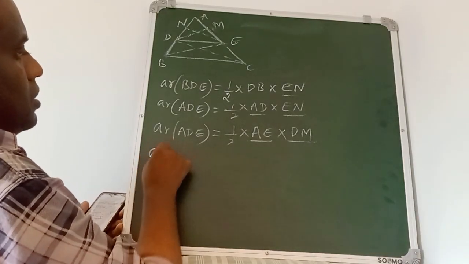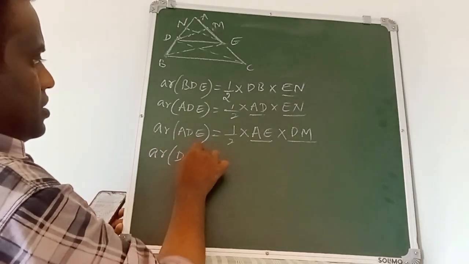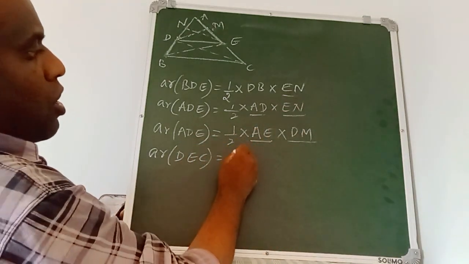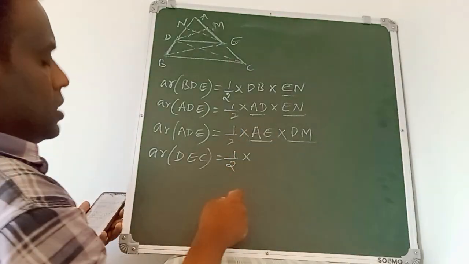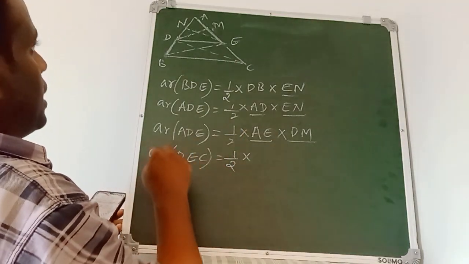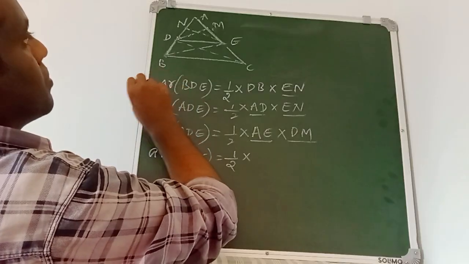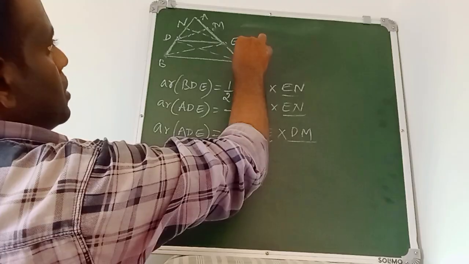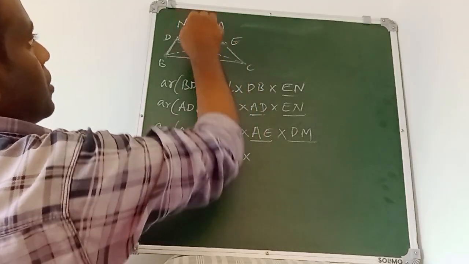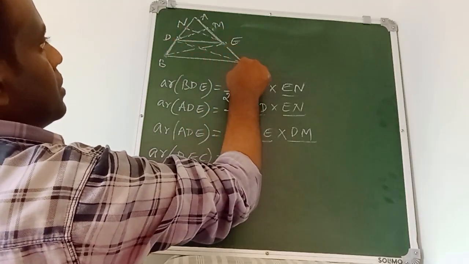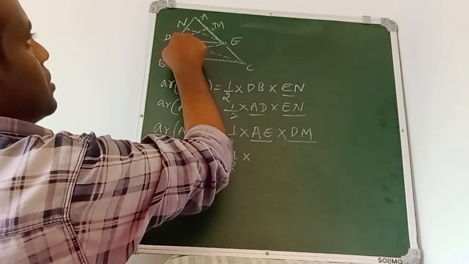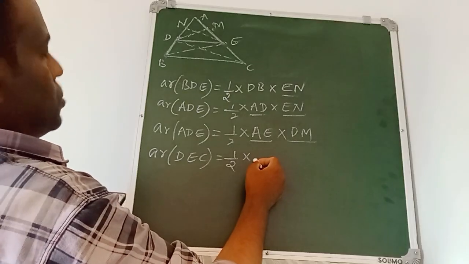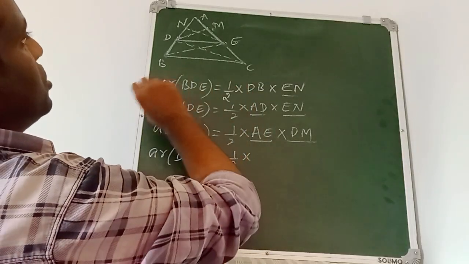Next, area of triangle DEC. According to the formula, half into base. First take triangle DEC. DEC means this DEC. Then for this triangle DEC, I am considering half into base, and here the base is EC.